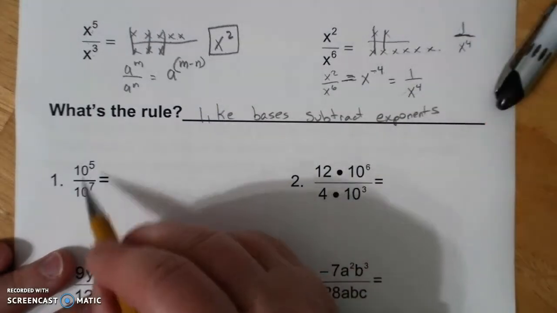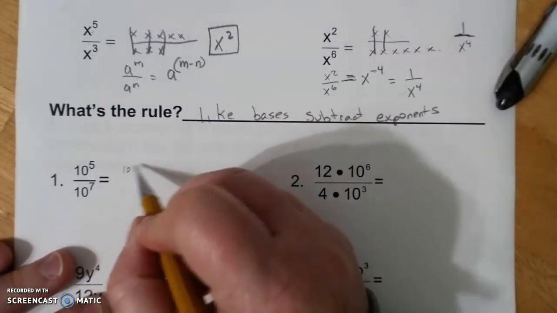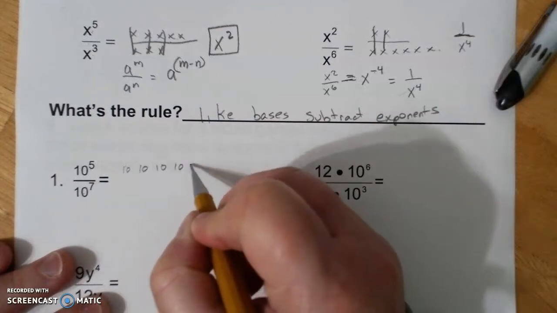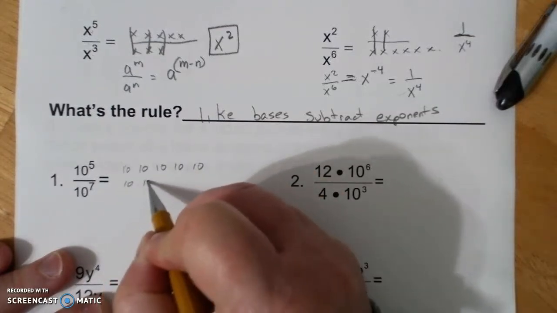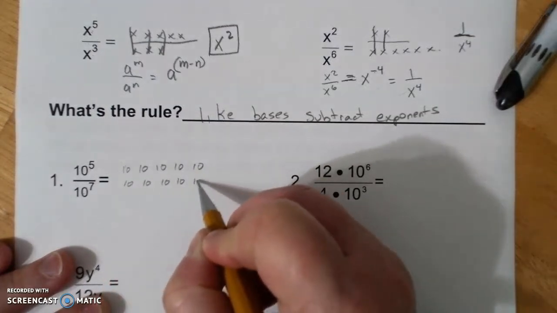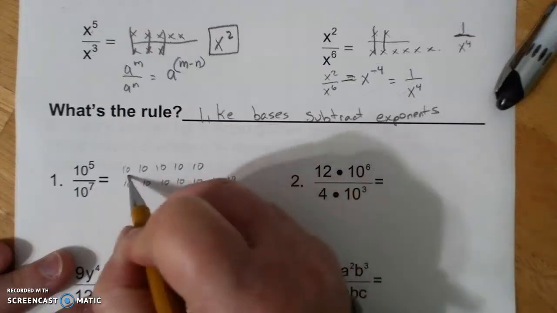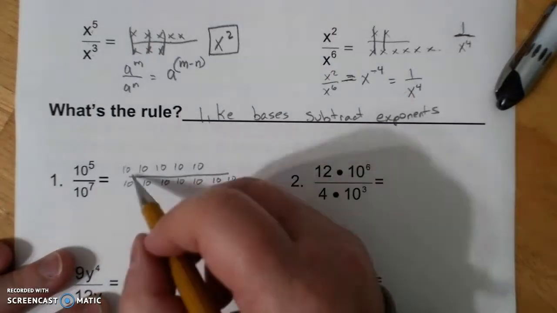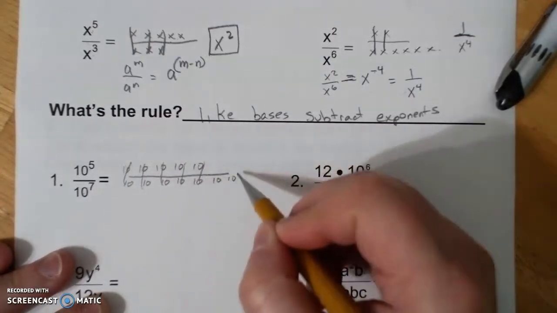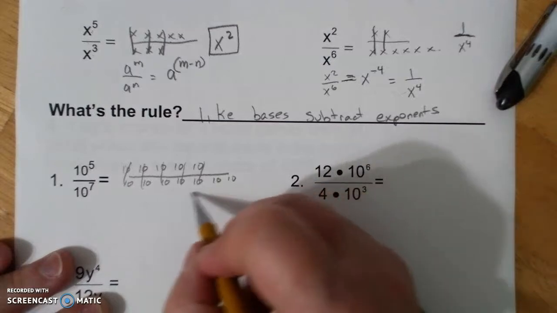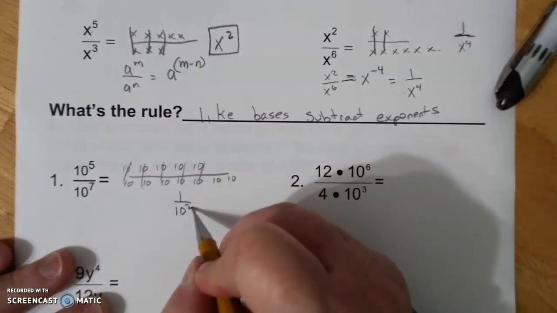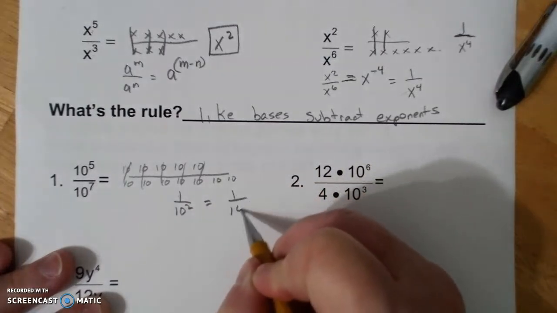Okay, 10 to the 5th over 10 to the 7th. 1, 2, 3, 4, 5. 1, 2, 3, 4, 5, 6, 7. Cross them out. There's 2 of them down here, so it's 1 over 10 to the 2nd, which is 1 over 100.